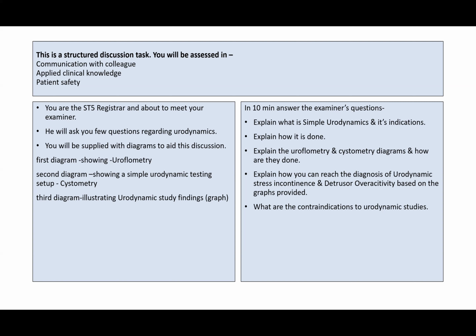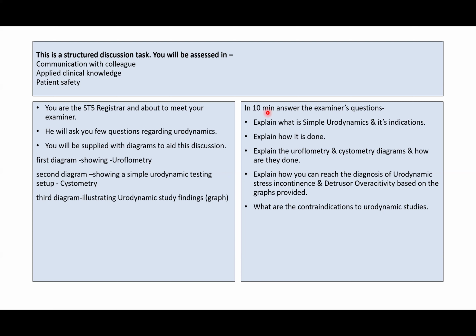Its indications are: we usually do it after the failure of surgery for stress urinary incontinence, when there is apical or anterior prolapse, after conservative management of detrusor overactivity has failed, when the nature of the incontinence cannot be found out, and also in voiding dysfunction.